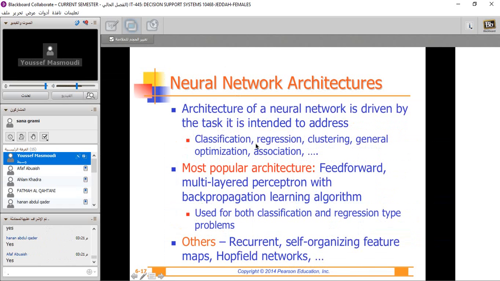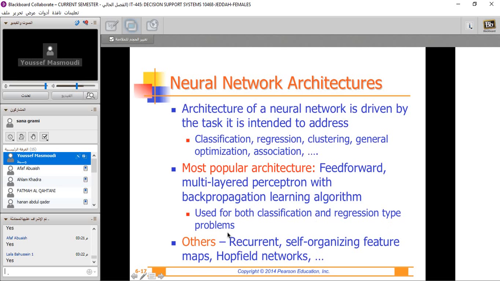So we are using artificial neural networks for classification targets, regression targets, clustering targets, general optimization, and association. And there are several architectures for ANN. The most popular architectures are the feed-forward, the multi-layer perceptron with the backpropagation learning algorithm.